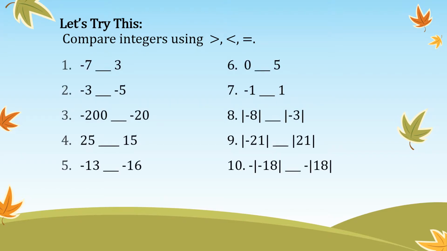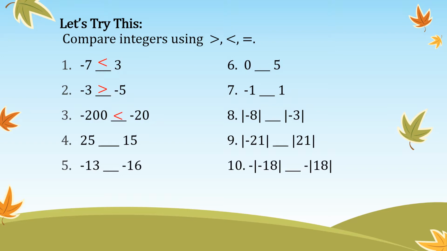Okay, for the first example, -7 and 3. -7 is less than 3 because 3 is a positive integer and it is always greater than any negative integer. Second example, -3 is greater than -5 because -3 is much closer to 0 than -5.